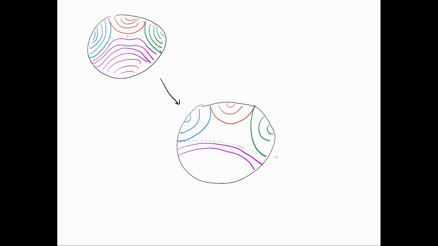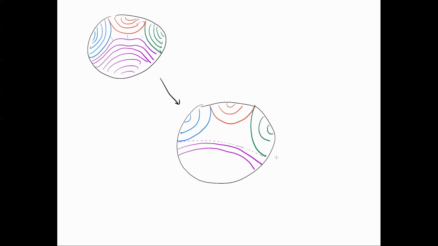Because the blue guys and the purple guys actually converge to the blue, red, and green in the original picture. So this leaf is not part of your picture if you want to have some sort of lamination model for this foliation. So now you have to give up the closedness. You have to say, well, I'm going to consider a set of pairs of points in the circle, not necessarily closed, but still pairwise unlinked.